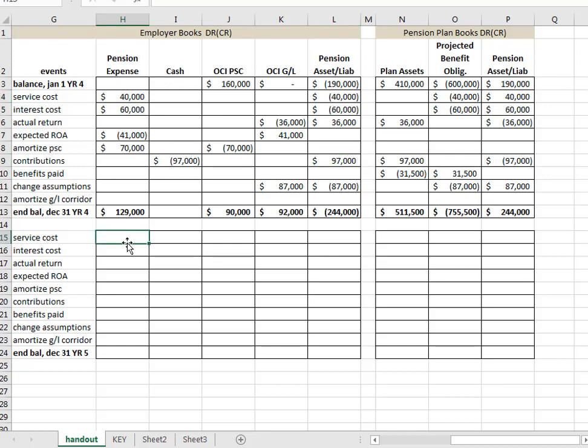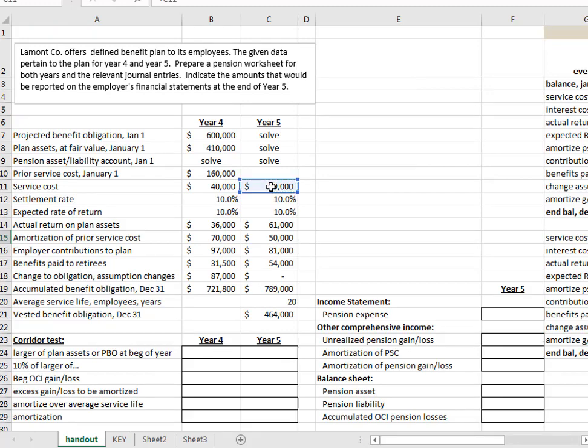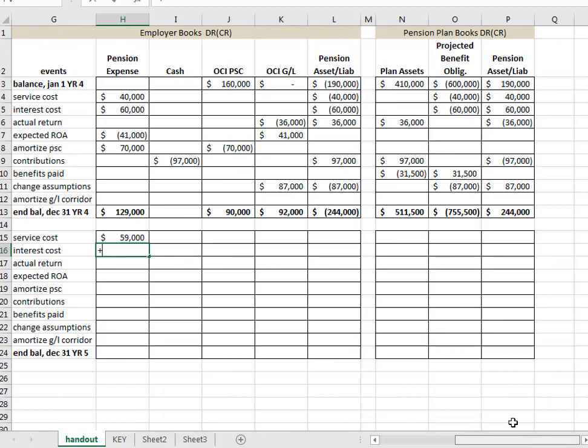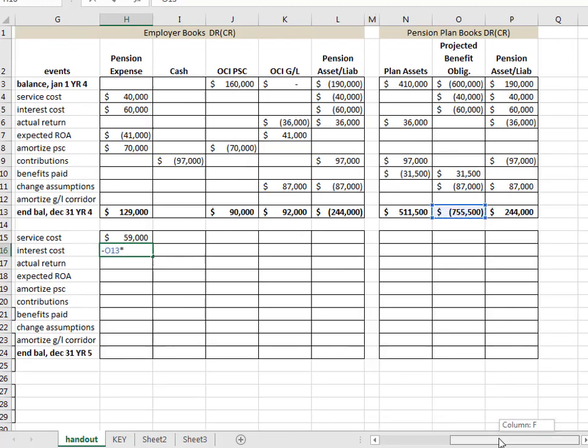All right, so if you haven't already worked the second year, freeze the frame and go ahead and work it, and then come back here and compare what I have with what you got. All right, so now I'm going to get the service cost, and then the interest cost is going to be the beginning obligation times the settlement or discount rate.